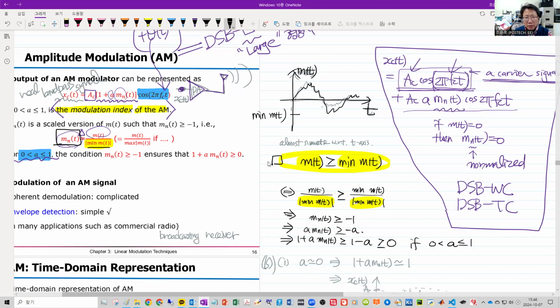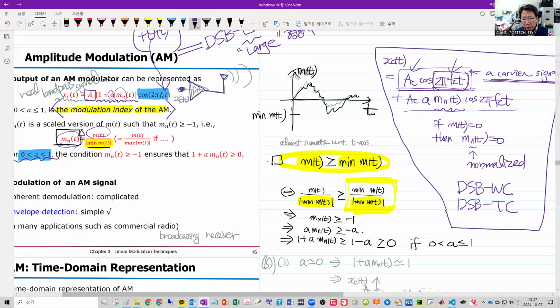Now, what is the right-hand side? The right-hand side is in general 1 or -1, depending on whether the minimum of M of t is negative or positive. But since something is divided by its absolute value, this value is either 1 or -1.